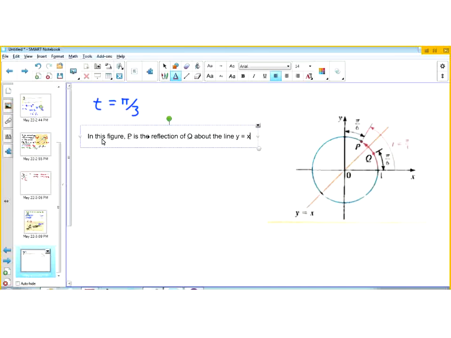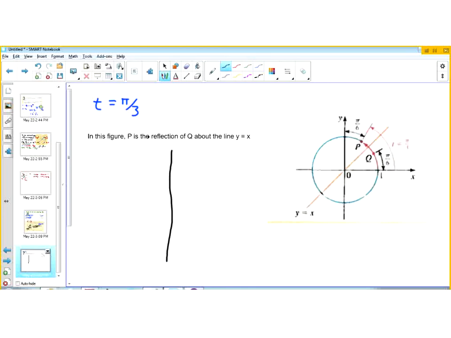And so what do we know about coordinates reflected about the line y equals x? Well, let me take an aside and show you the utility of knowing that. If I sketch the line y equals x right here, and here's P, and if I were to reflect P about the line y equals x like this, I'll call it P prime.